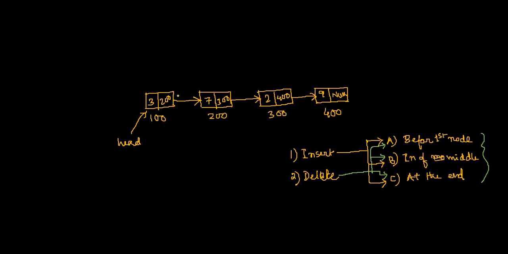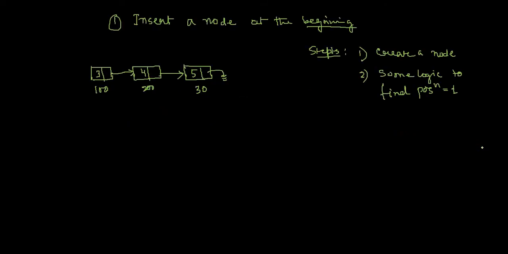If you don't change your head properly, either you will not get the newly created node in the linked list, or some other catastrophic problem may occur. So handling the head pointer, in case of inserting or deleting the first node, is very crucial.